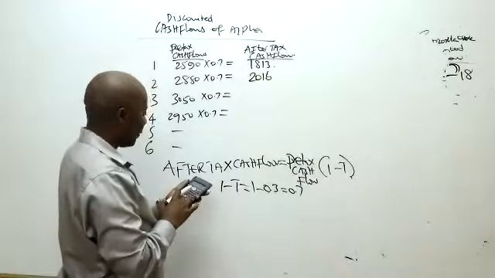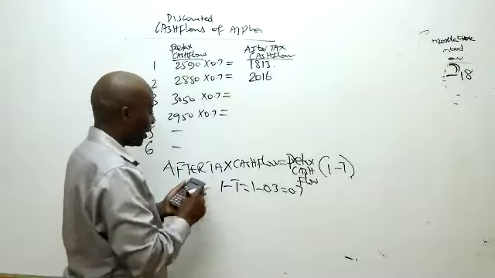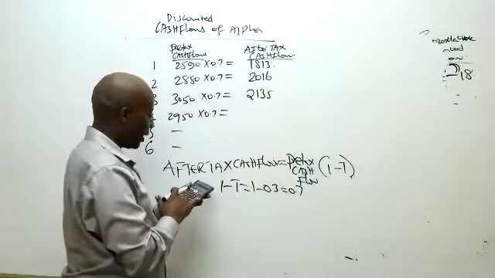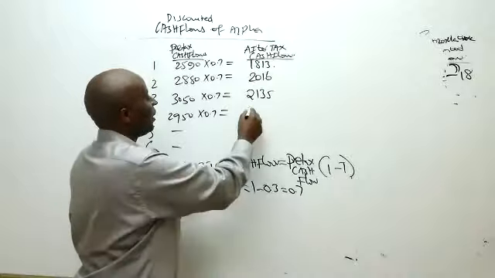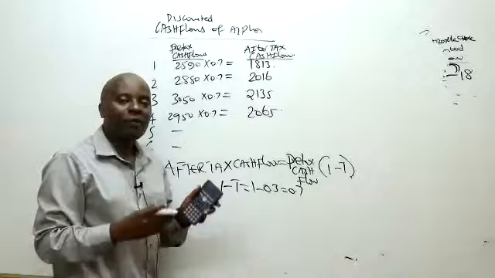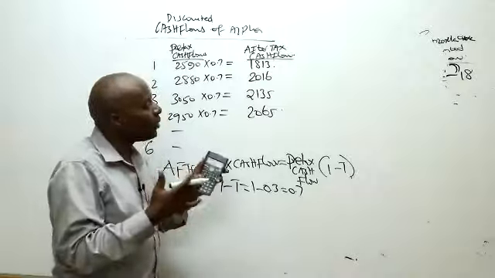From there we have 3050 times 0.7, giving us 2135. From there we have 2950 times 0.7, giving us 2065, like that.